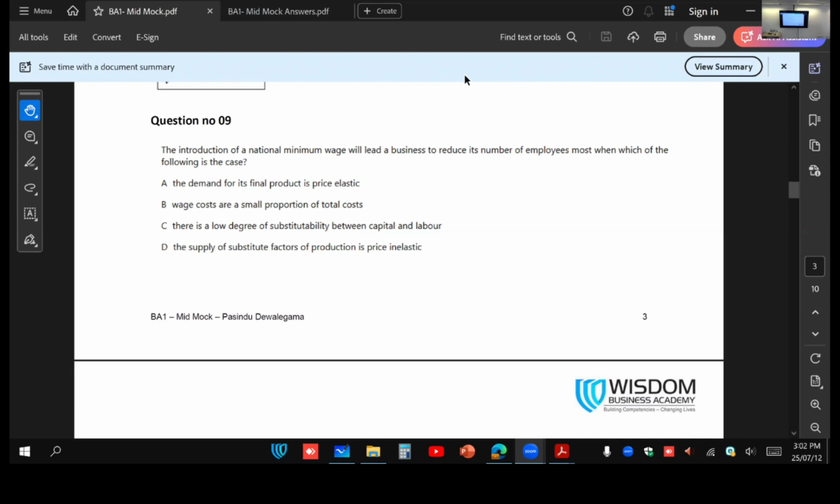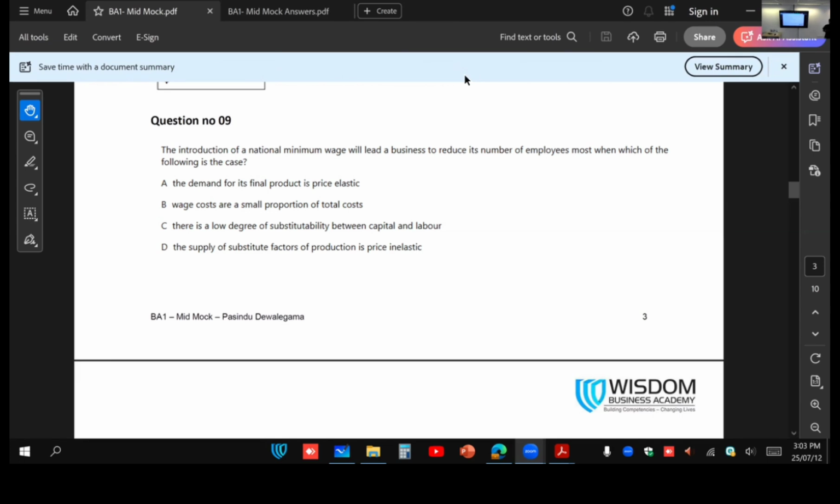They are asking, when you set a minimum wage, the business reduces its number of employees. Why? A business has to reduce its employees anyhow due to several reasons, like if the cost of labor is really high, or if the profit margins you earn are really low.